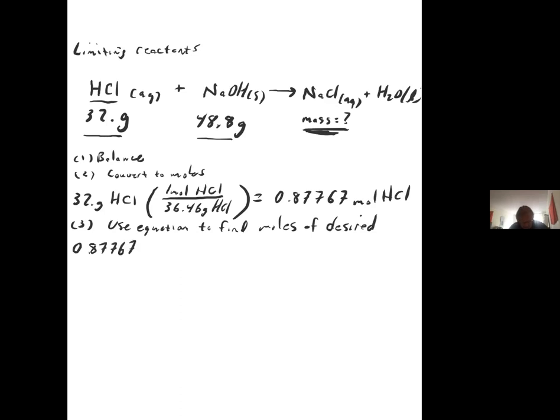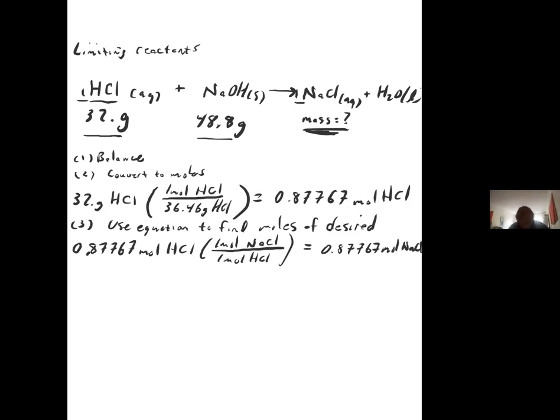We'll round it at the end. The ratio is 1 of these for every one of those, so times 1 mole NaCl for every 1 mole HCl. So you're going to get 0.877, same number. Don't forget that step, though, because if the balanced equation has 1s and 2s and 3s, the coefficients aren't all the same, and you won't get the same number.